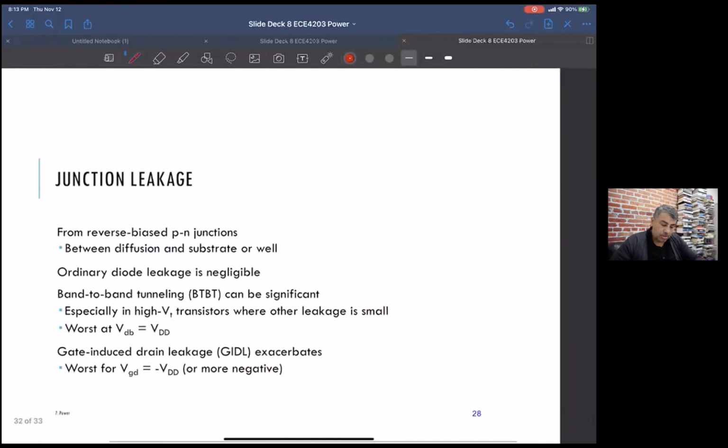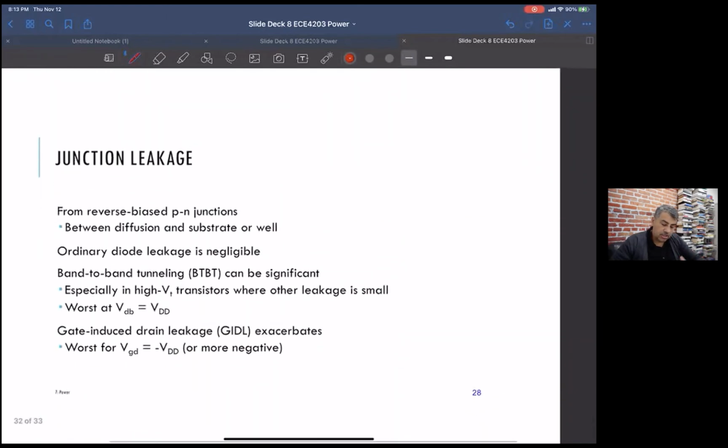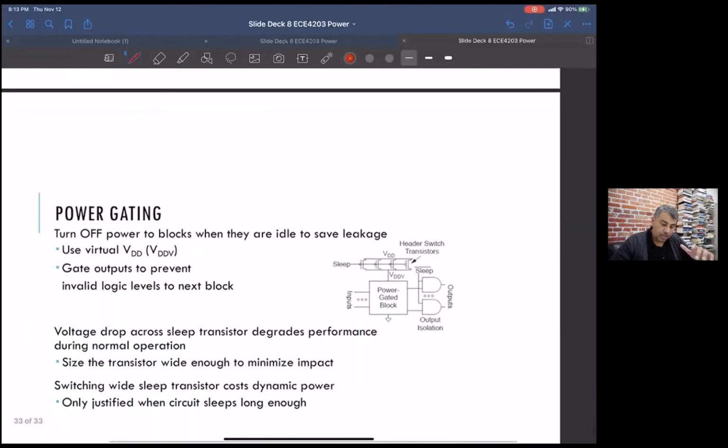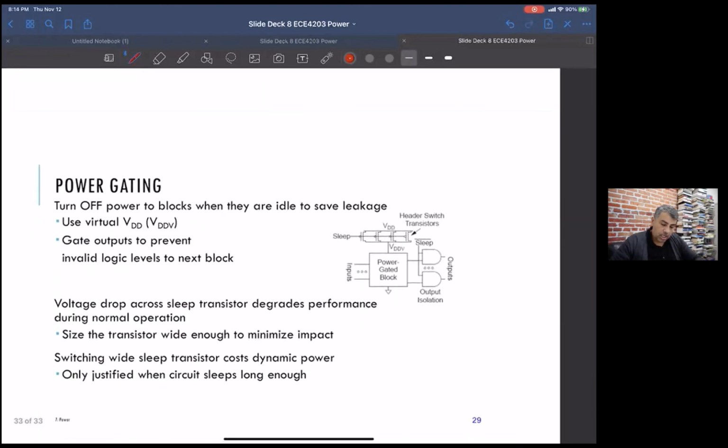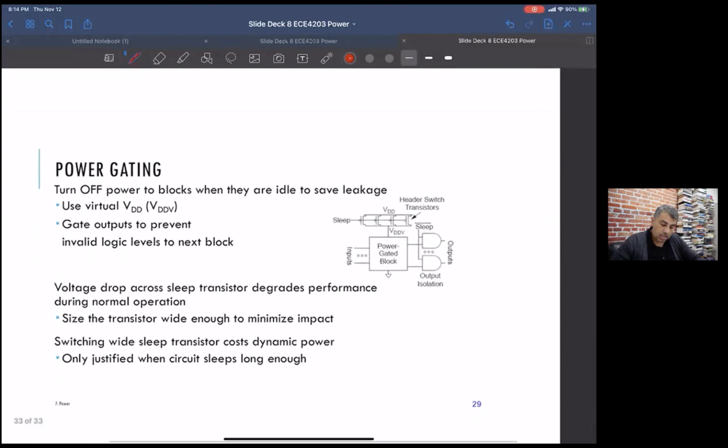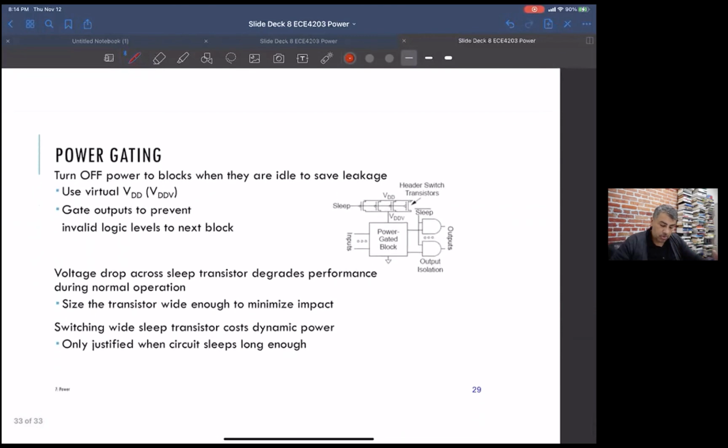And then junction leakage, it's essentially not that important. Okay. So this is the last topic. Do I have anything else I want to say? Nope. Okay.